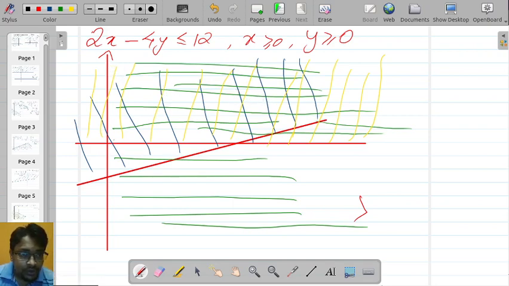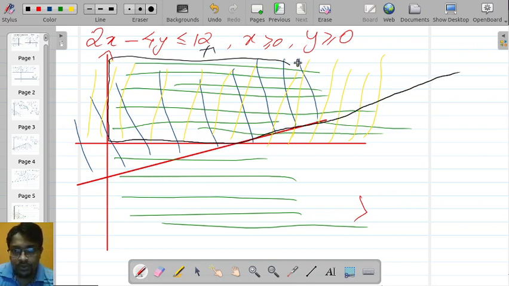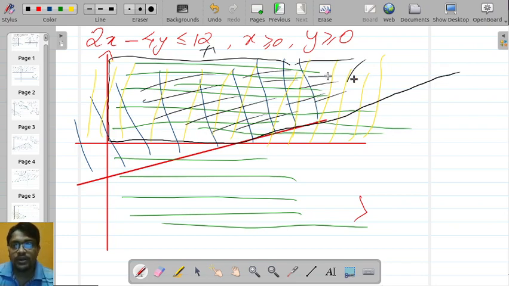Okay, so obviously let me take a black color. So this region, actually it goes that way also. So it is actually bounded by these things. Okay, so this particular region, so it keeps on going that way. Okay, so this region is the required region which satisfies all these inequations.